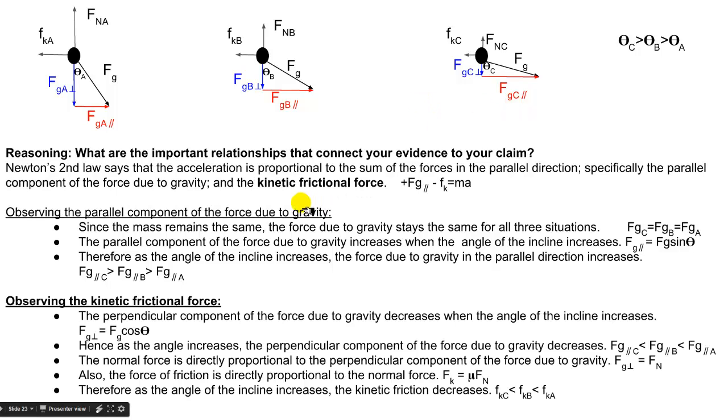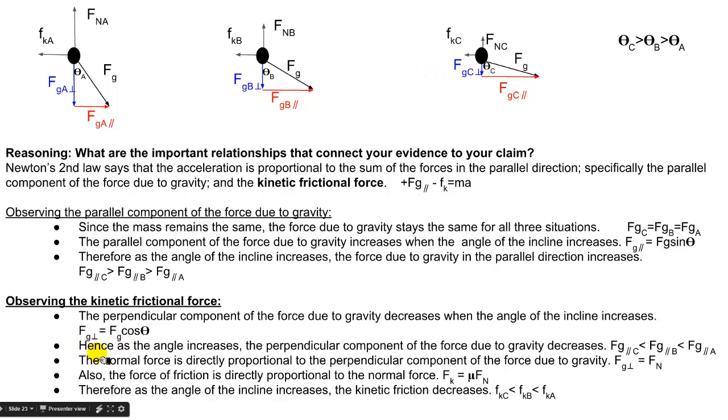Now let's look at the other thing that affects the acceleration in the parallel direction. That's the kinetic frictional force. What we want to say here is that the perpendicular component of the force due to gravity decreases when the angle of the incline increases. So this Fg perpendicular actually decreases. Notice how the blue line decreases from there to there to there.